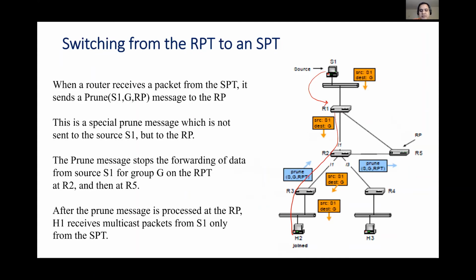So now I'm having two types of multicast packets, duplicate messages. One is coming from RPT at this moment, and the other is coming from SPT. Once I receive my first SPT multicast packet, I will send a special prune message.